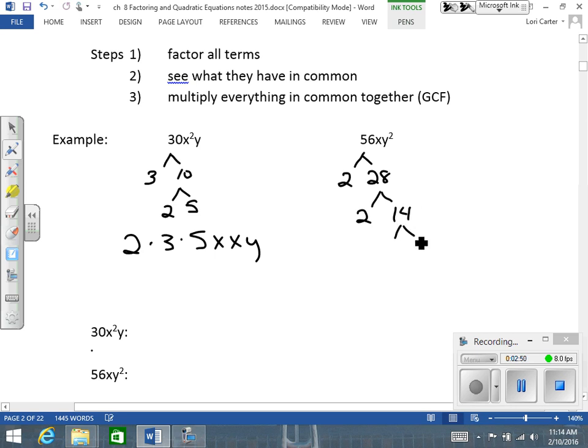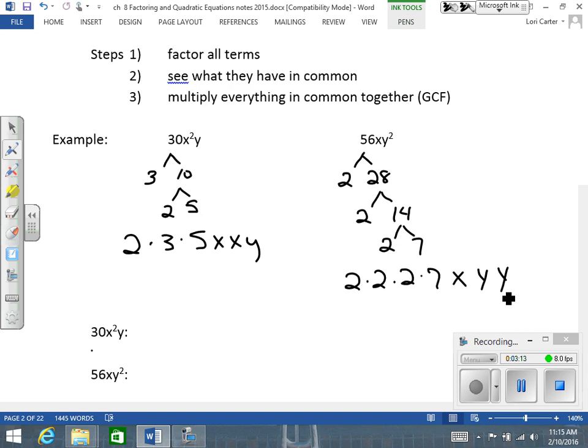Since that's even, I take out another 2 and 7. See how it's always pretty? So there's three 2s, and a 7. How many x's? 1. How many y's? 2.